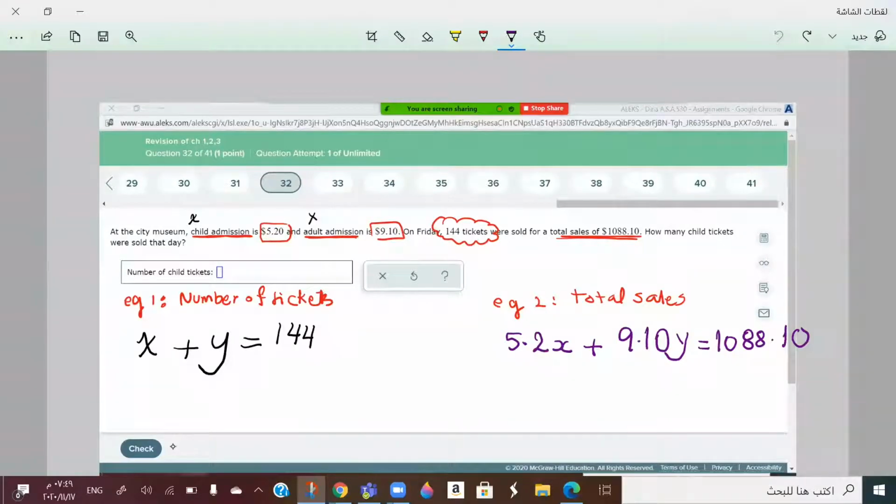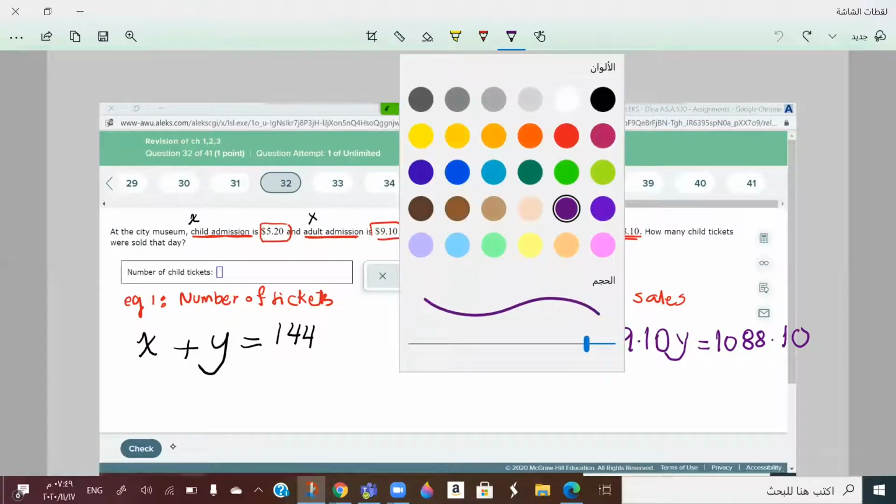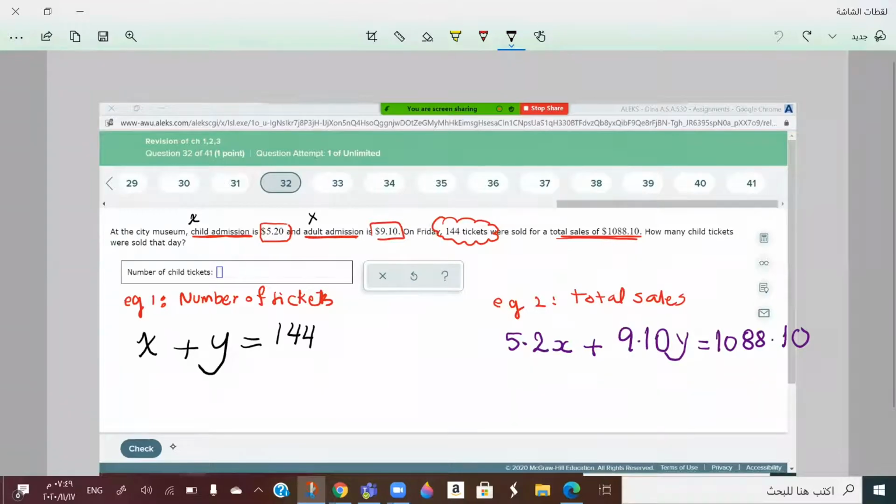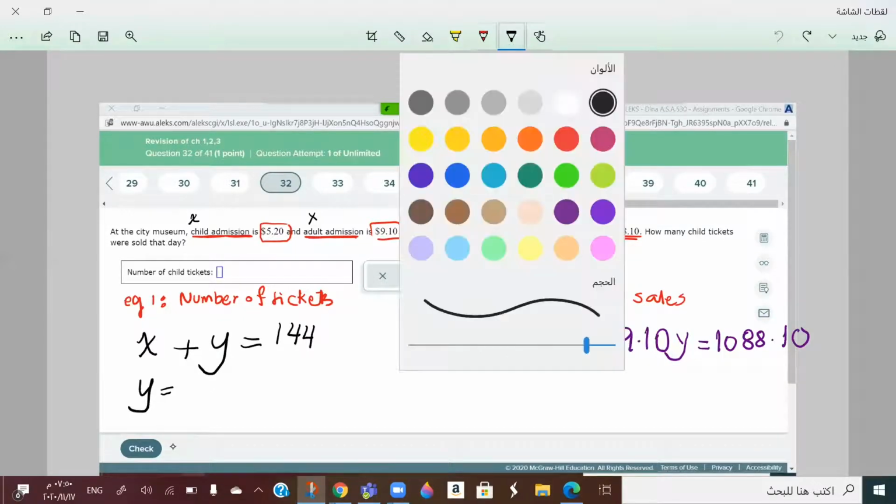And now you have two choices: either you solve it as a system of equations or you use your table method as we learned in the mixture problems. Because you are already exposed to solving systems of equations, you can use the substitution method or any of the methods you used previously.